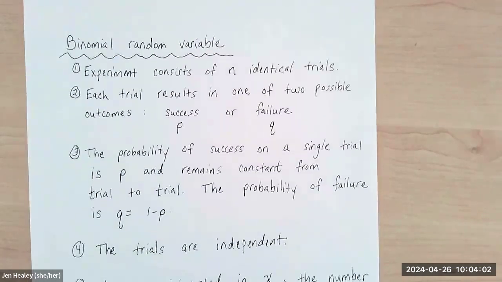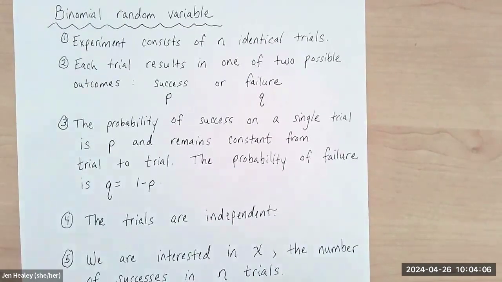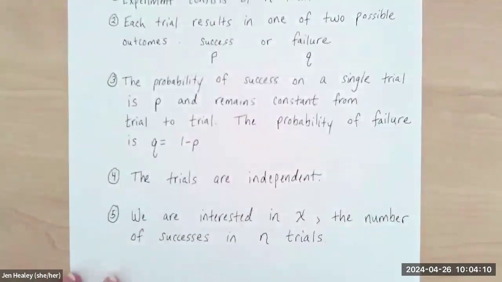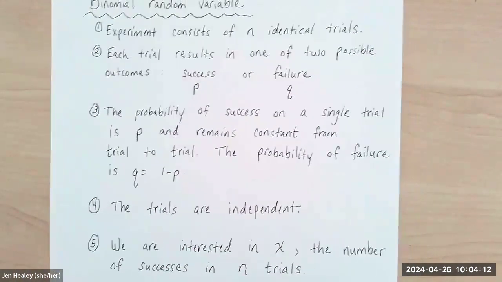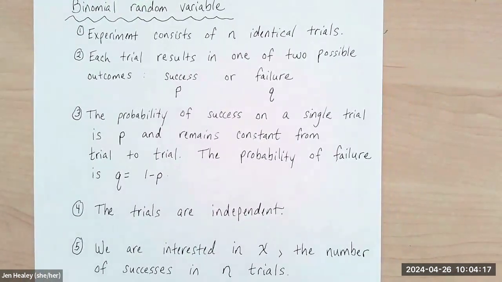Binomial random variable experiments have these conditions. These are not things you necessarily need to write down, because I'm going to guess that it was in notes you already have, but I want to talk briefly about what each of those things means. In order for it to be a binomial random variable experiment, we have to have identical trials happening.